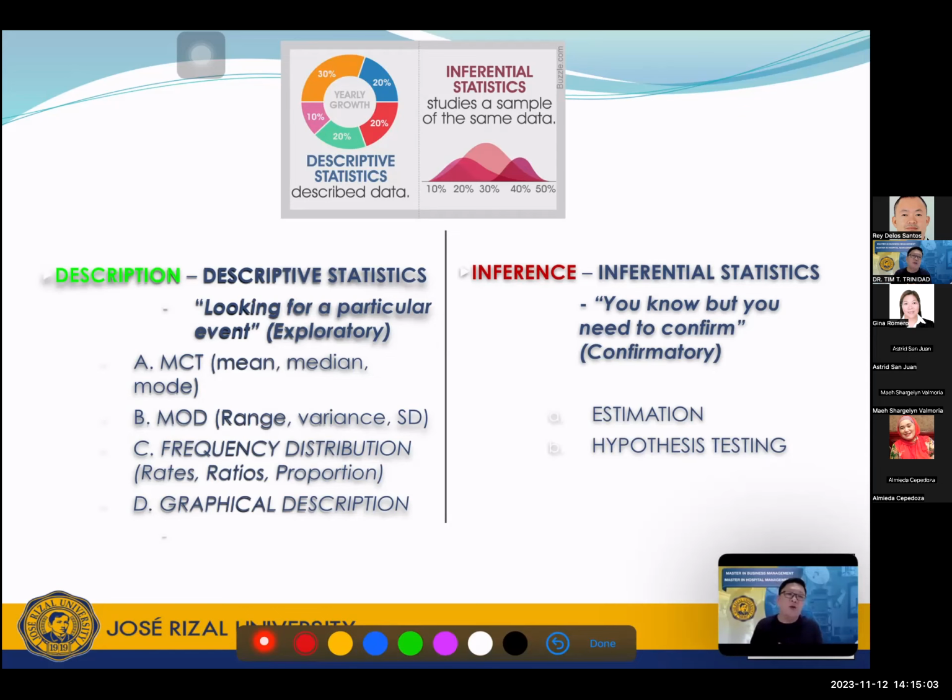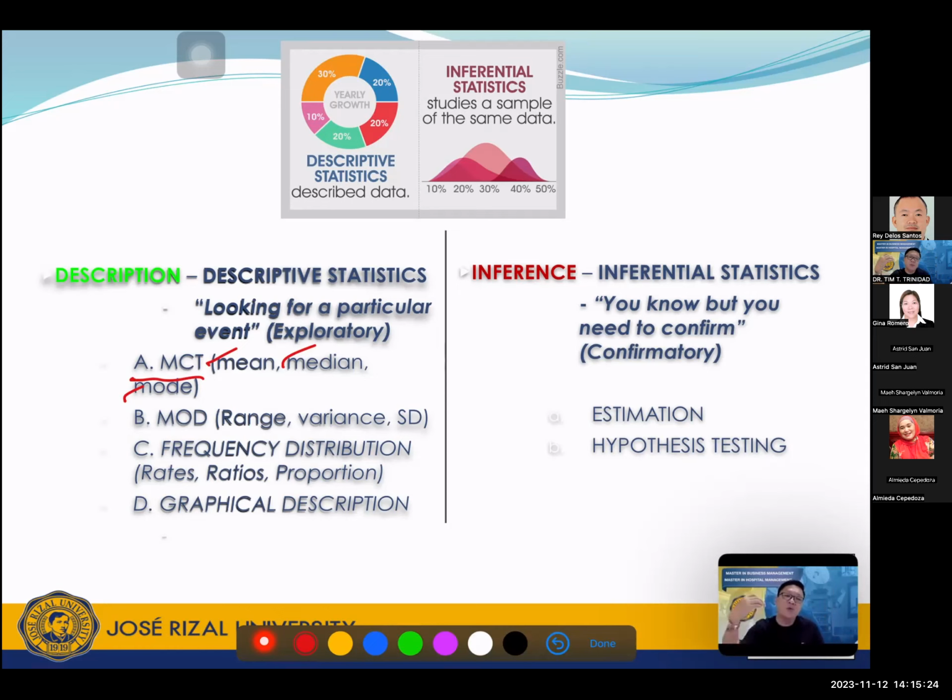Again, when you use description, you are going to use the different measures of central tendency, which is your mean, your median, and the mode. Okay. Or you can use and or, no? It is better kasi to present them in three dimensions, no?